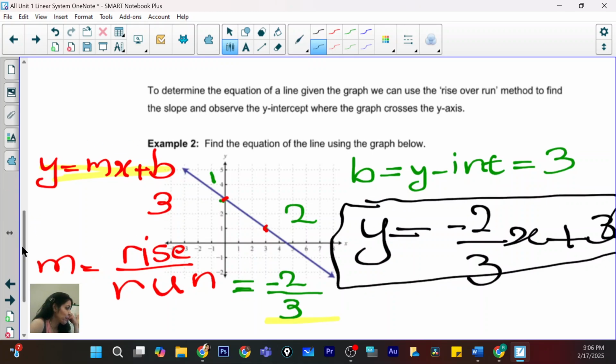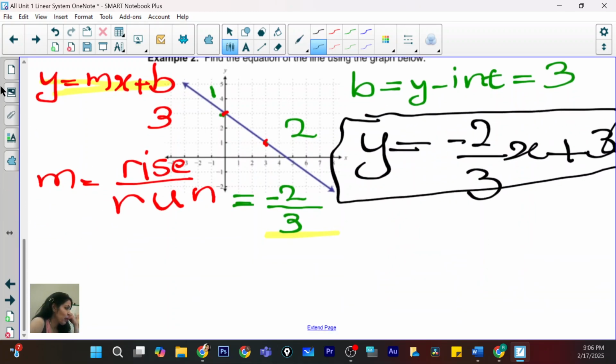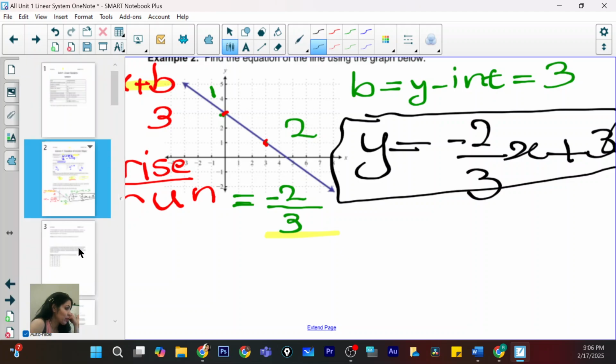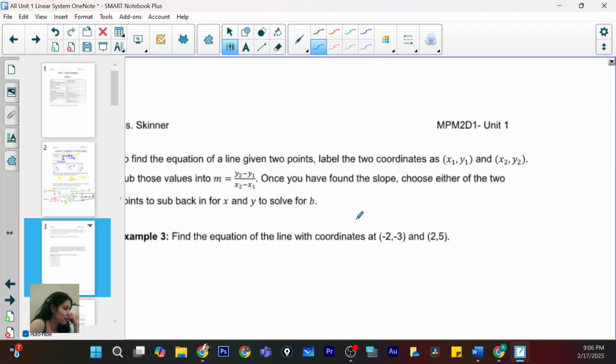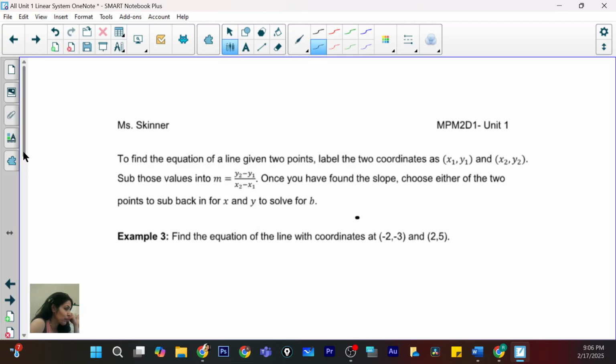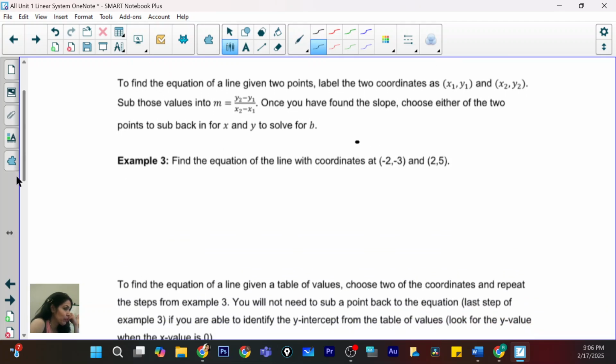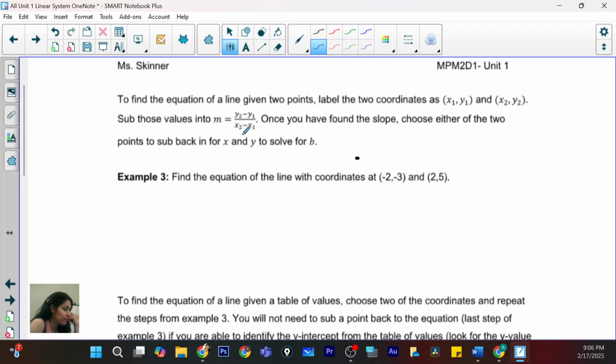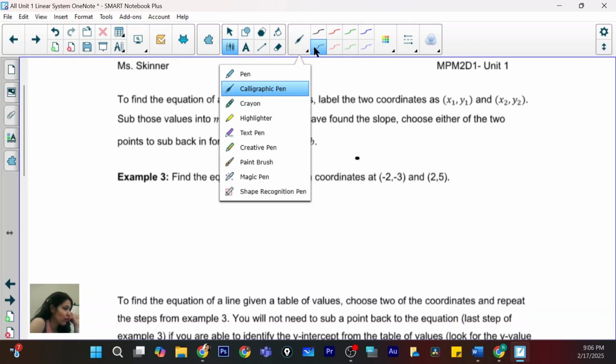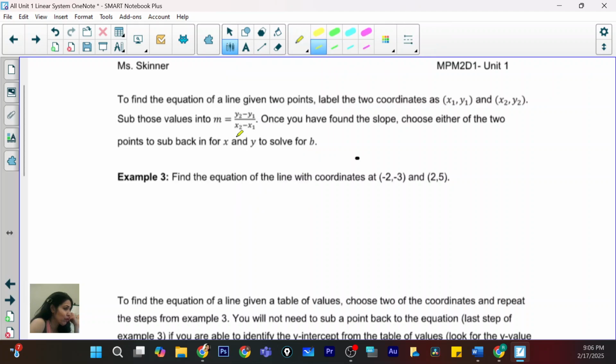Okay. Let's go to the next page. Here we talk about another form of writing a slope.